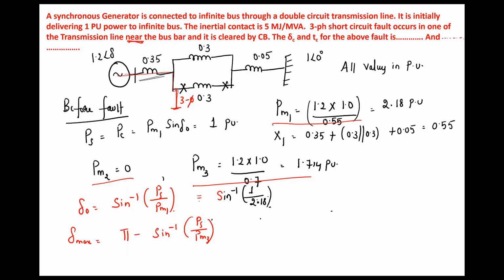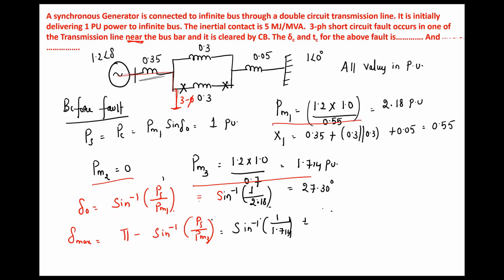So sine inverse, so this will become 27.30 degrees, and this value will become sine inverse of PS is 1, PM3 is 1.714.